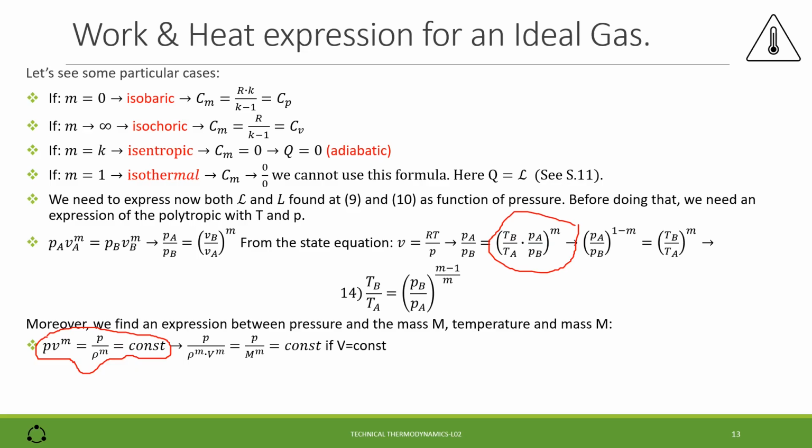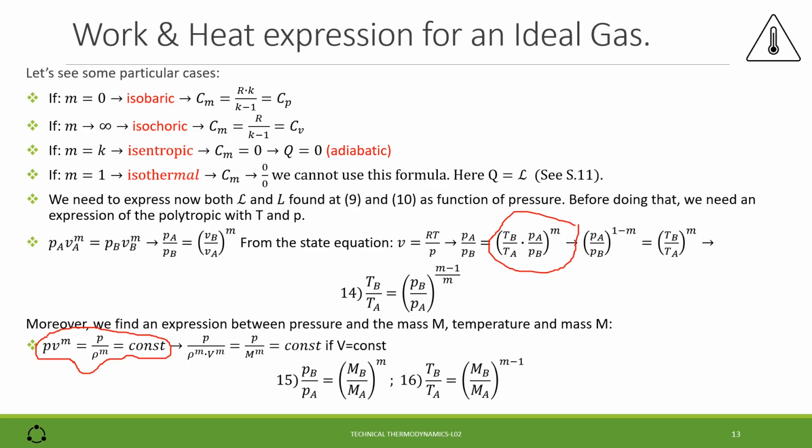Therefore, we can write pressure over ρ to the power m into volume to the power m equals pressure divided by the mass to the power m. We can do this because the volume is constant, or we assume that the volume is constant. We consider a control volume.